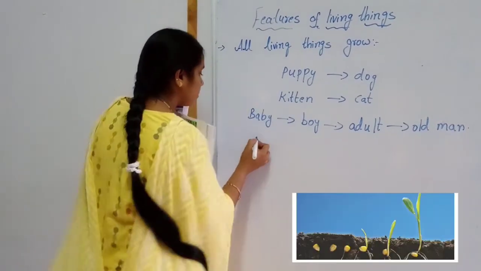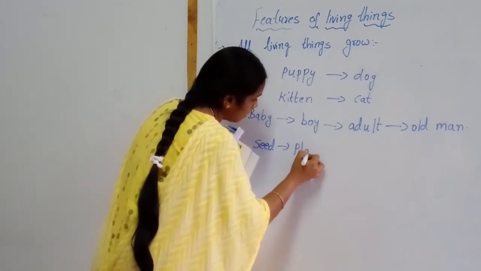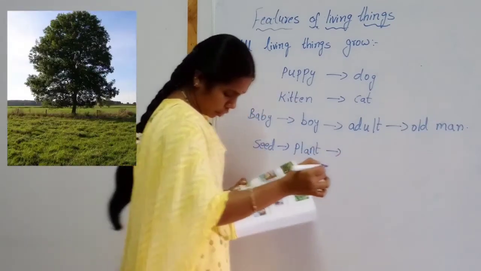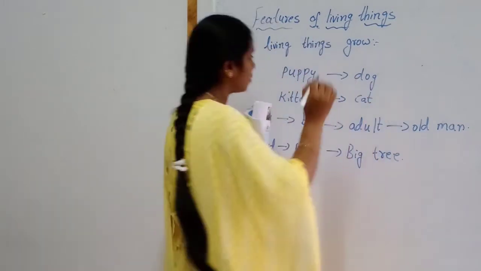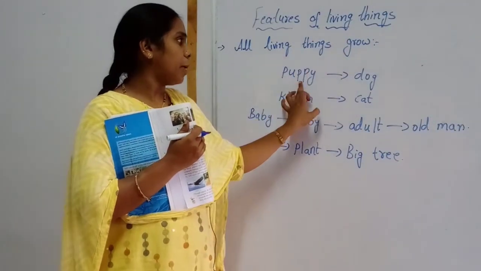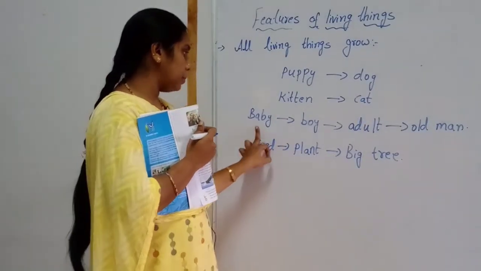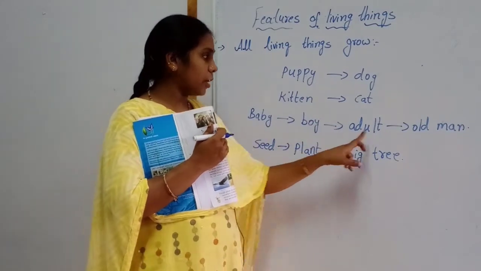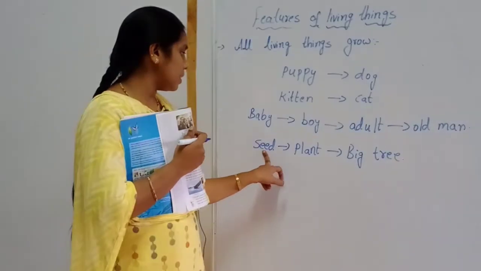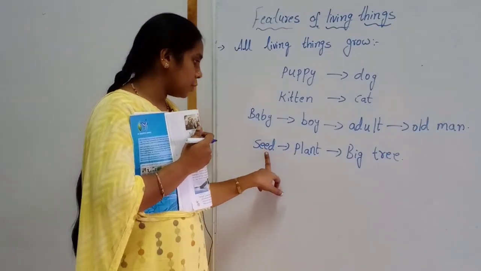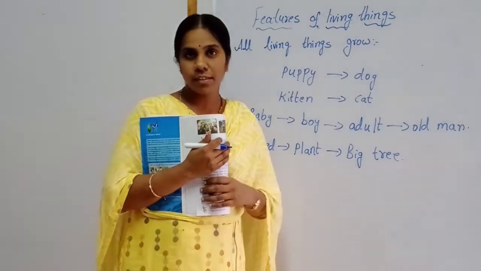First, seed. Seed grows into plant. Plant grows into what? Big tree. Growth in plants: seed grows into plant, and plant grows into big tree. Okay?